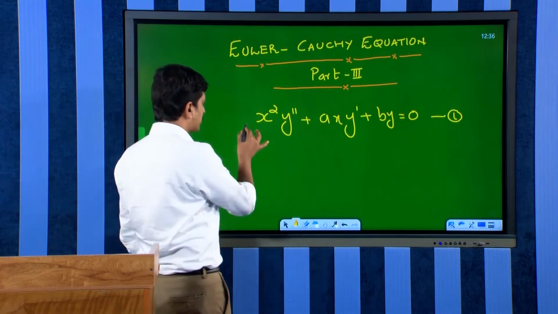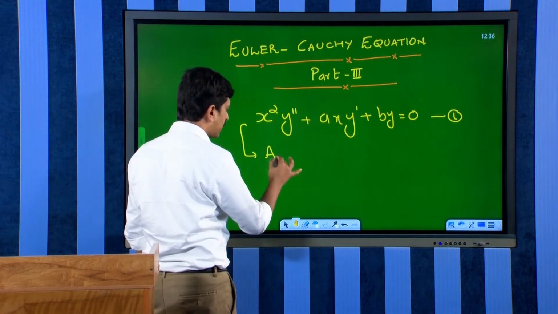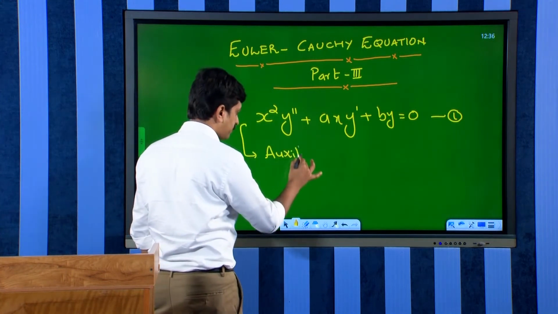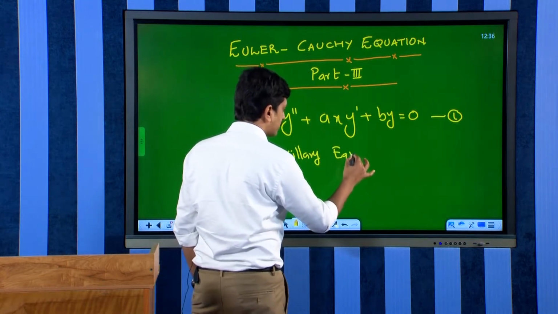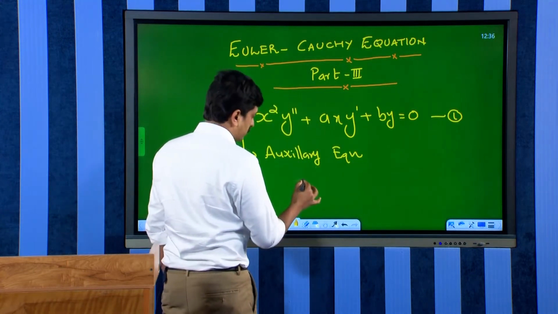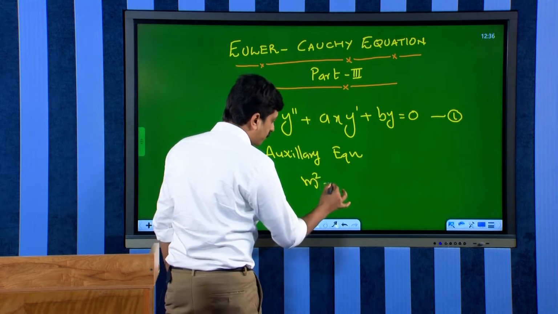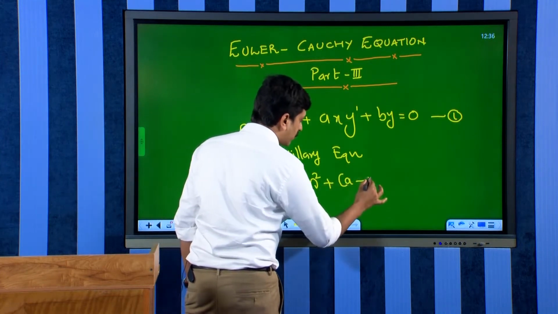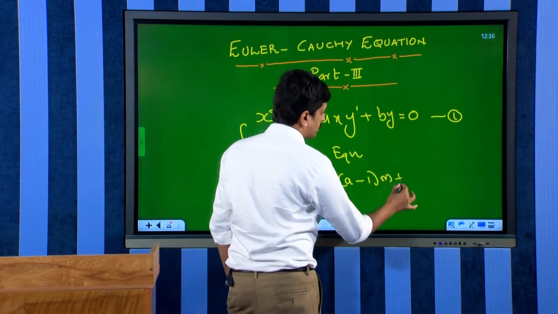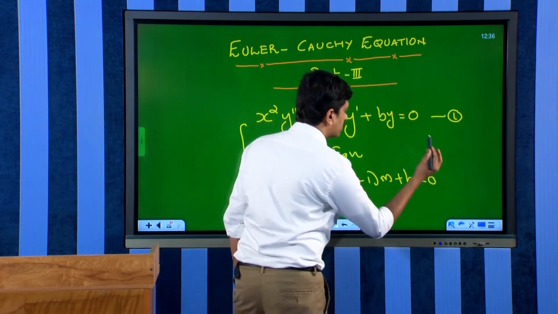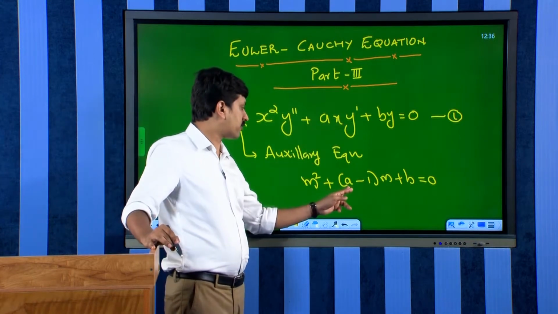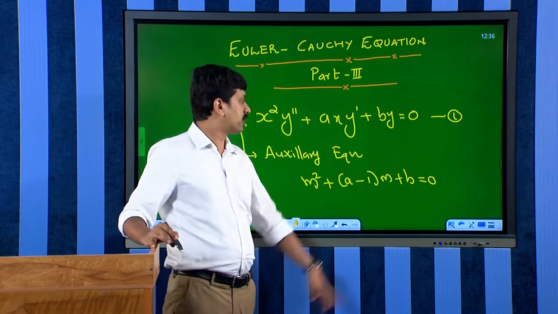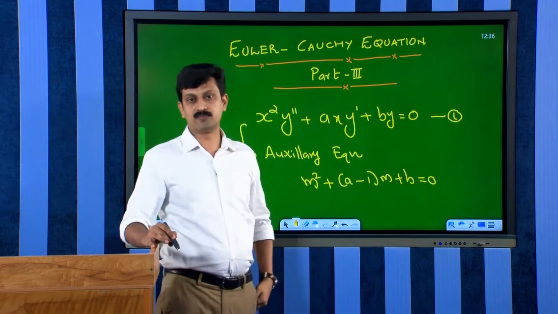To solve this equation, we write the auxiliary equation as m square plus (a minus 1) into m plus b equal to 0. Here axy dash is there, therefore we have a minus 1 into m.